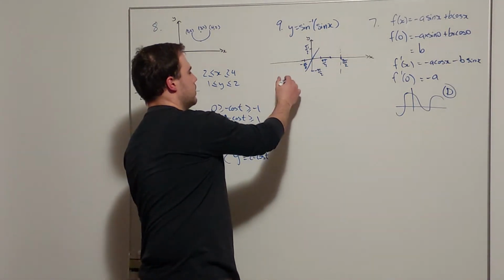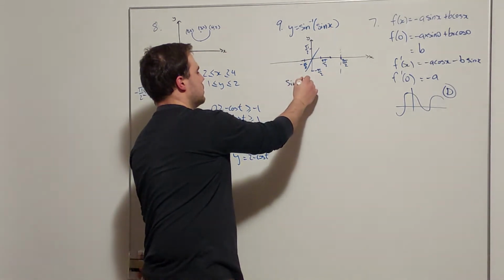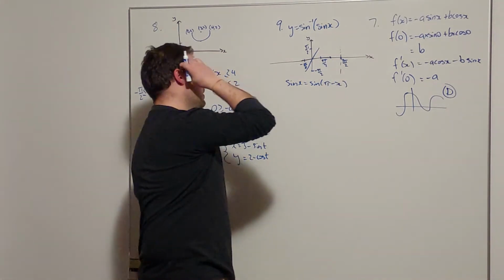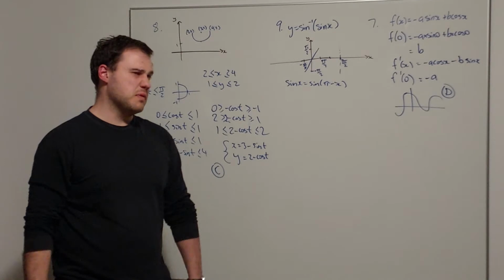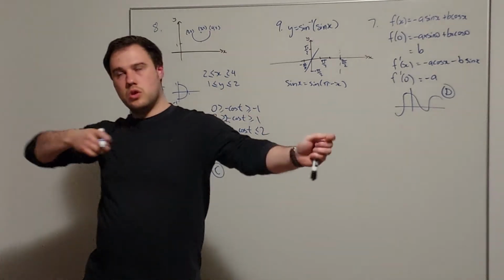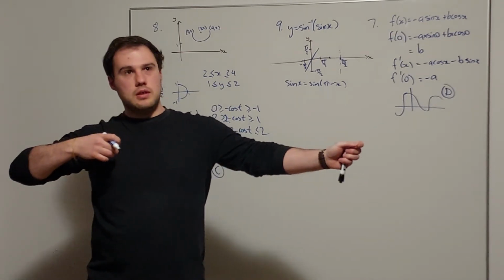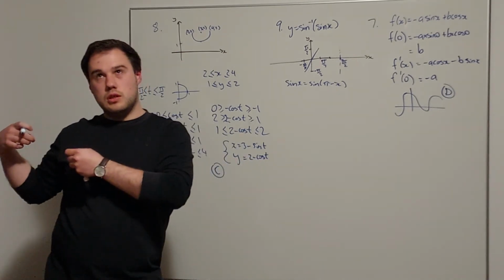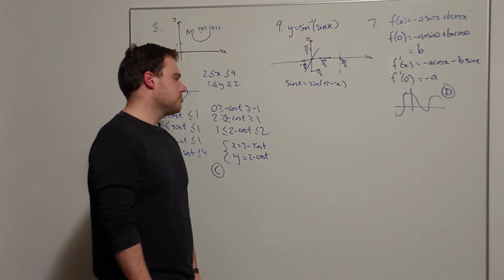But basically what's happening is that since sine x is equivalent to sine of pi minus x, if you don't know that trig identity, maybe you could think of it graphically: sine of negative x flips over the y-axis, and then plus pi is going to shift it to the left by pi, which will line up with the graph of sine x.